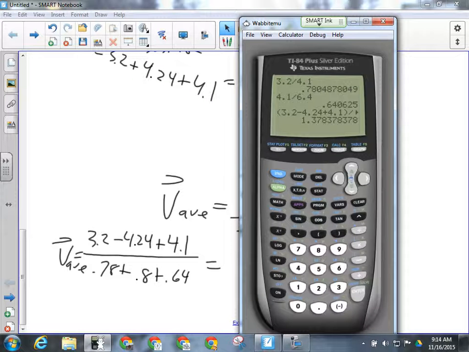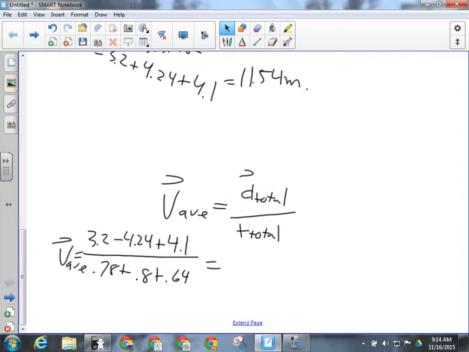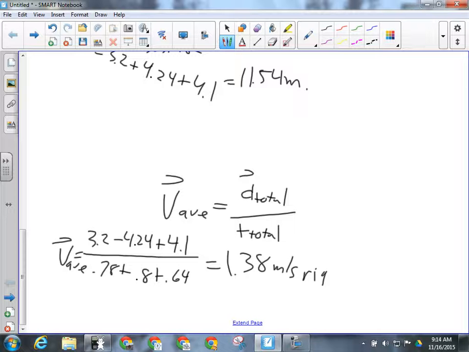All right, so we're getting an average velocity here of, let's say, 1.38. What are my units? Meters per second. What's my direction? Right. Is that ringing a bell?